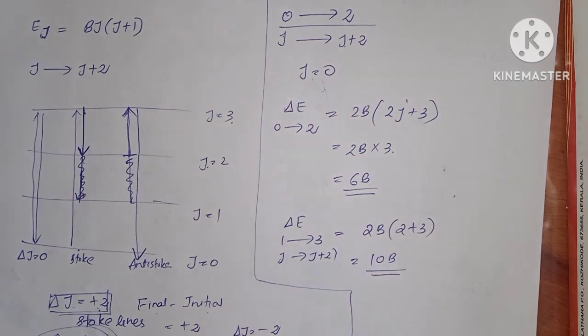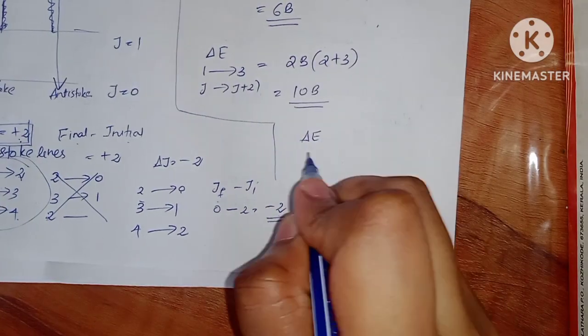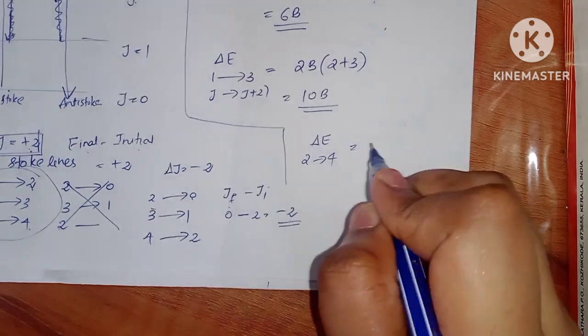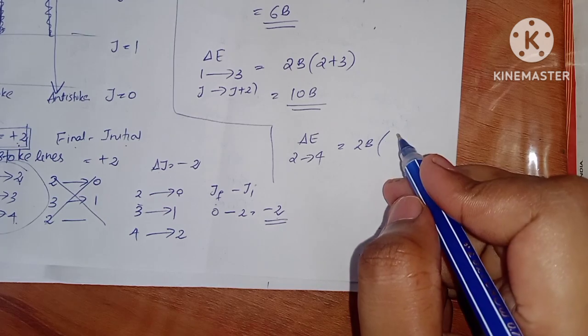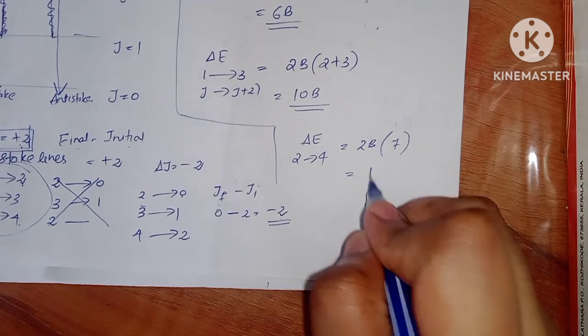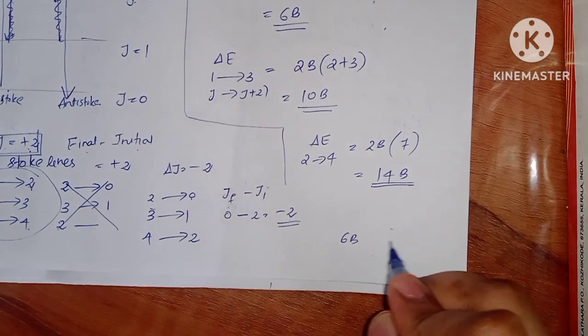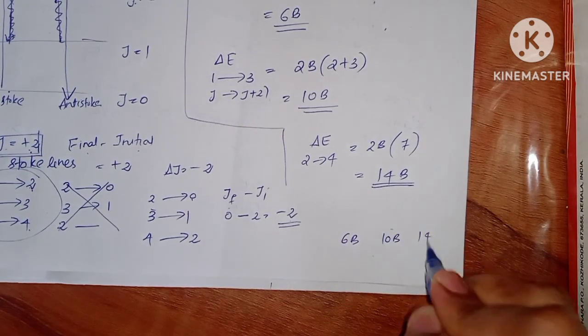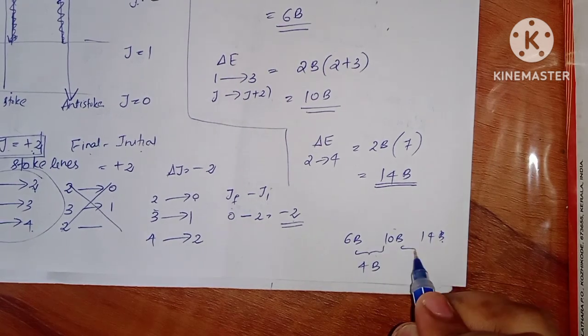So 6B, 10B. Next, delta E 2 to 4: 2B into 2 into 2 plus 3, that is 7, so 14B. So we got 6B, 10B, 14B, which indicate there is a difference of 4B always.